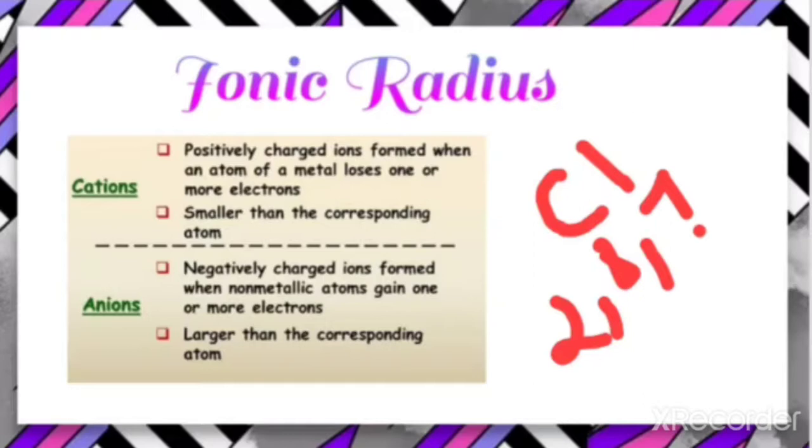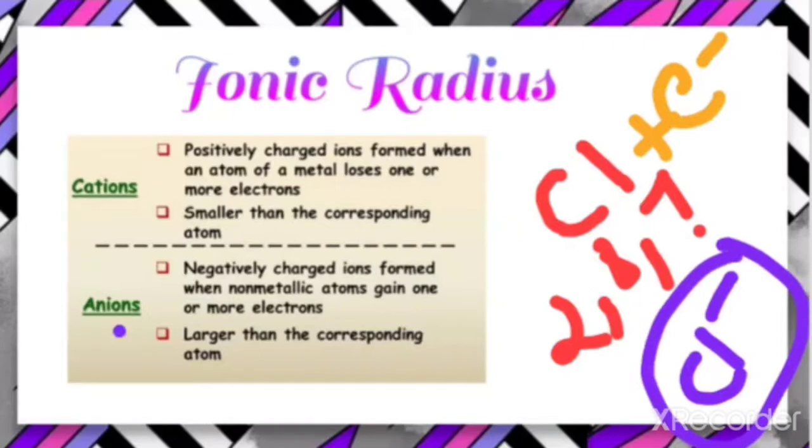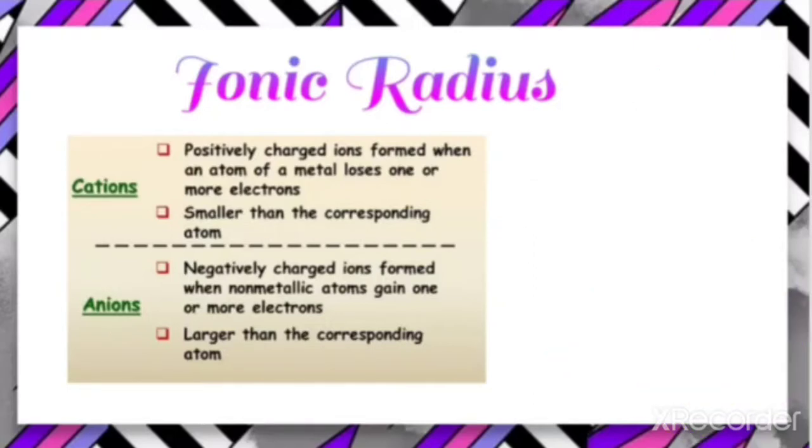So in order to complete the octet, it requires 1 electron. So it easily gains 1 electron and forms chloride ion, Cl-. That is a negatively charged ion which is called an anion. So cations are formed due to the loss of electron and anions are formed by the gain of electron.